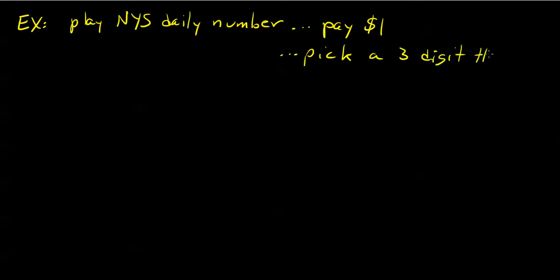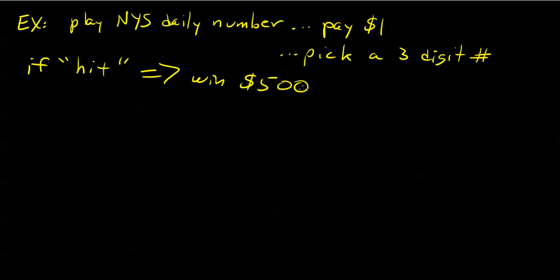Now I may be simplifying the rules of the game a little bit for the purposes of clarity. So we'll pay $1 and pick a 3-digit number. If the number hits, in other words, the 3-digit number that you picked comes up, you win $500. Okay?